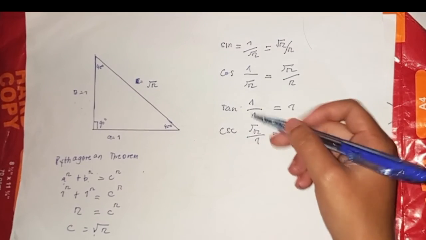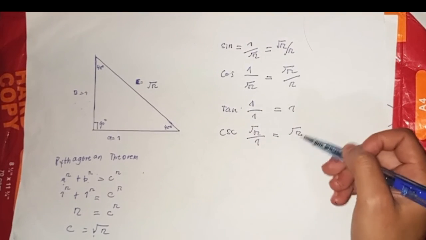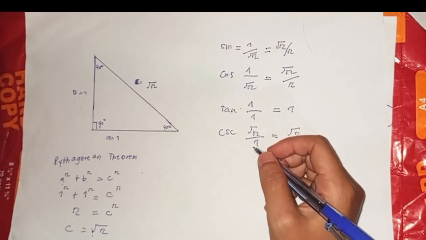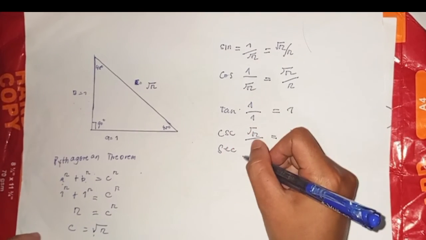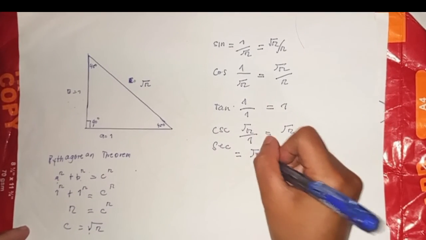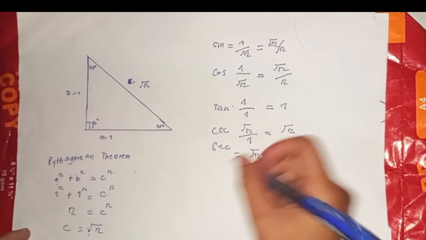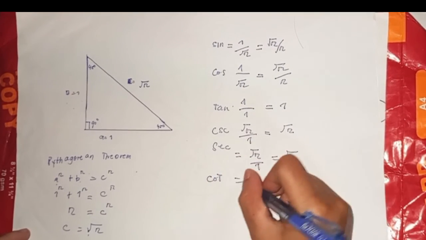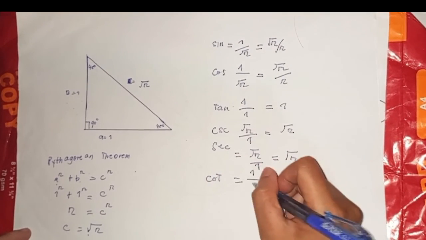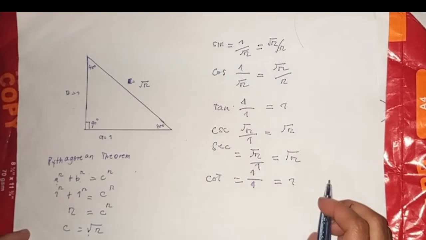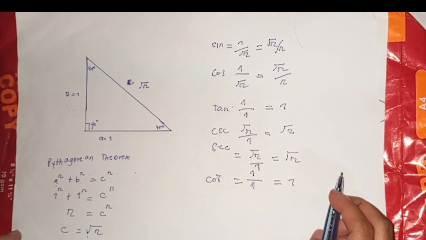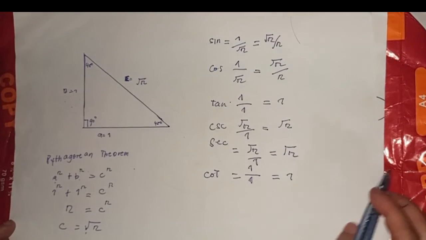For cosecant, we have root 2 over 1, which is equal to root 2. For secant, we have root 2 over 1, which is equal to root 2. And for cotangent, we have 1 over 1, which is equal to 1. So that's the value of our 6 trigonometric functions.